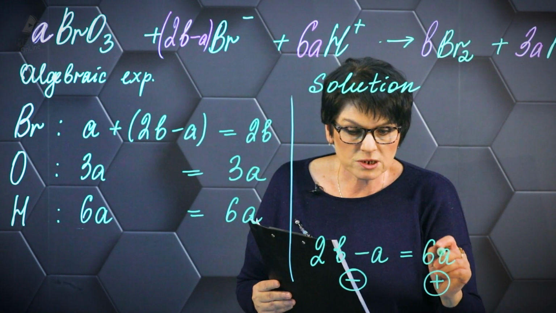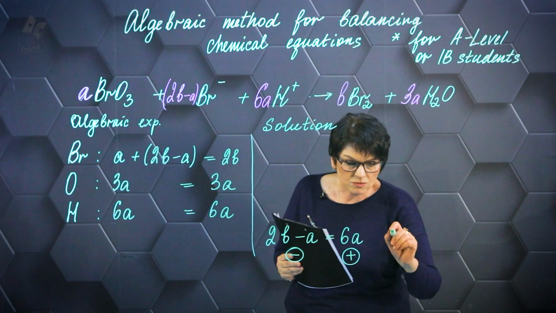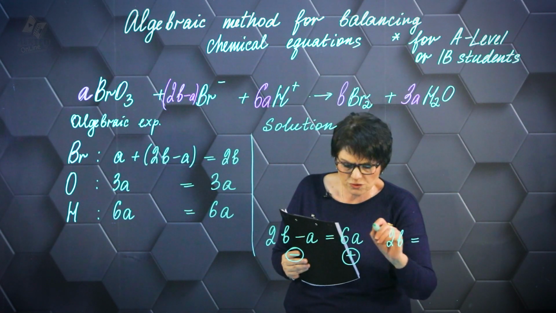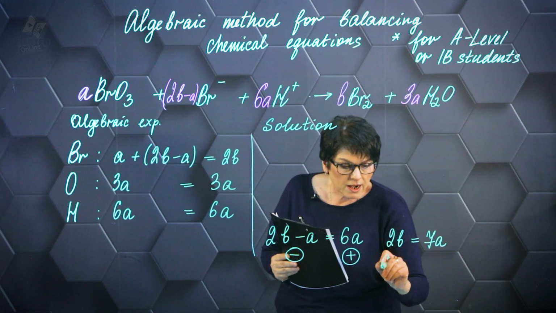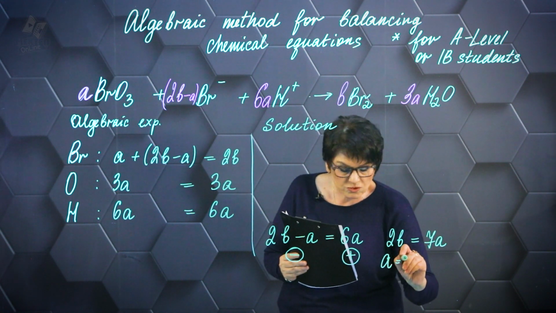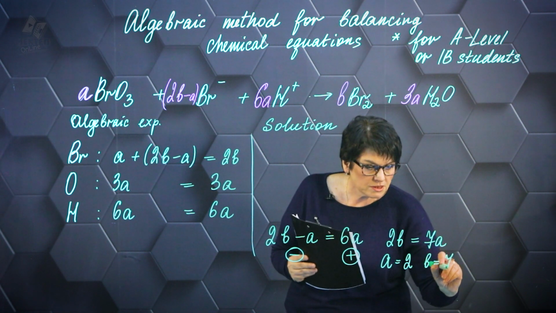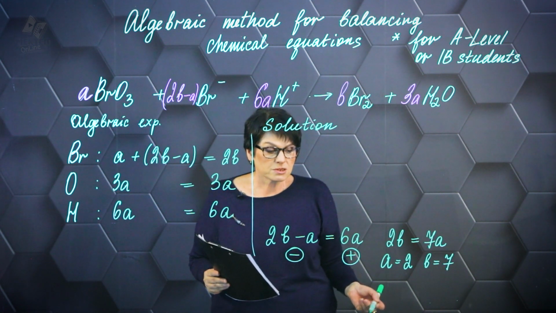And then from this expression, we solve this equation, and we get that A will be equal to 2 and B will be equal to 7. Here we have got the regularity of these numbers. Let's put them then. A is 2, so we'll put the coefficient 2 here.